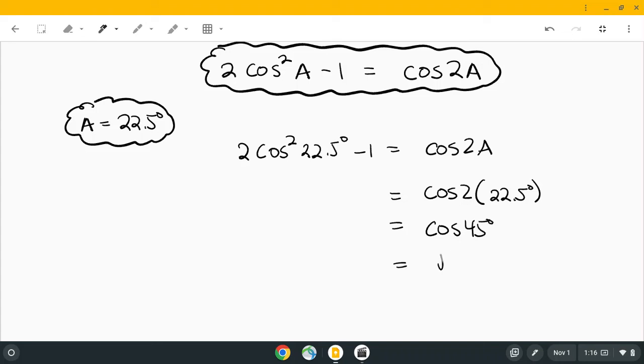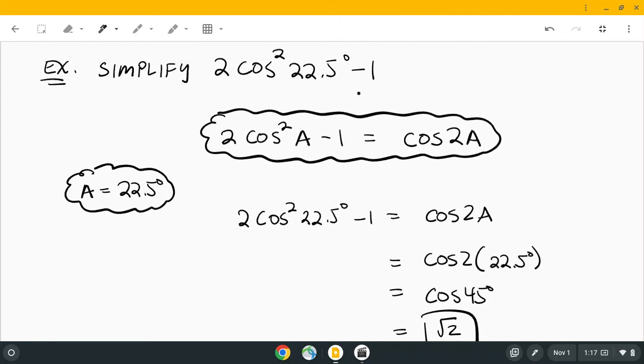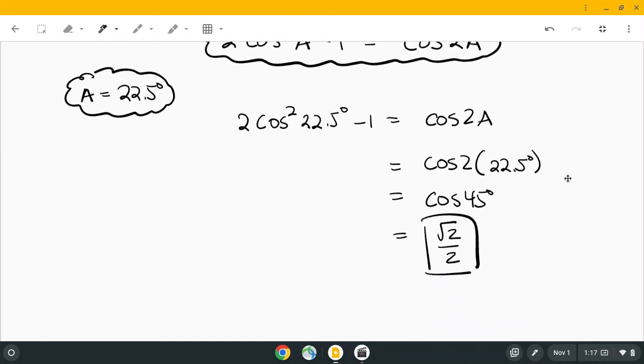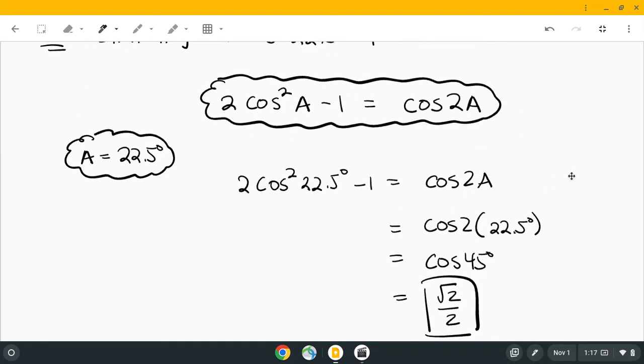We have that one memorized, even though we don't have 22.5 memorized. All right, so that is really it. If you have any questions, email me or text message me.